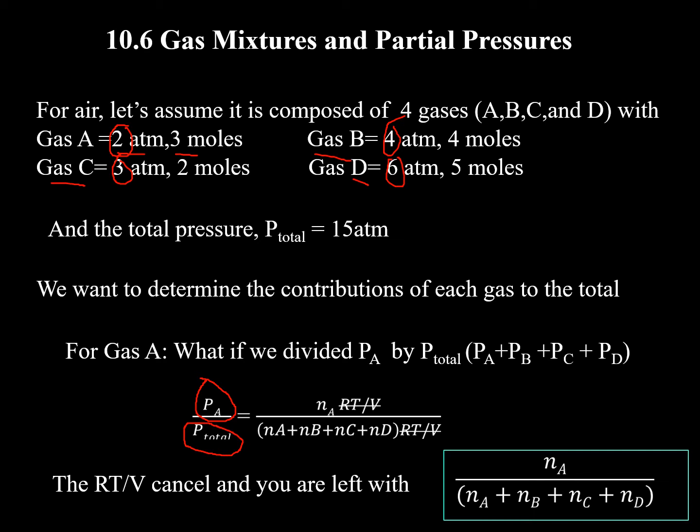So remember, PA is Na times RT divided by V, and the total pressure is the sum of the moles, Na plus Nb plus Nc plus Nd, and you can have a common factor of RT over V, so those will cancel with each other. And you're left with Na, the moles of A, divided by the total amount of moles in the denominator.